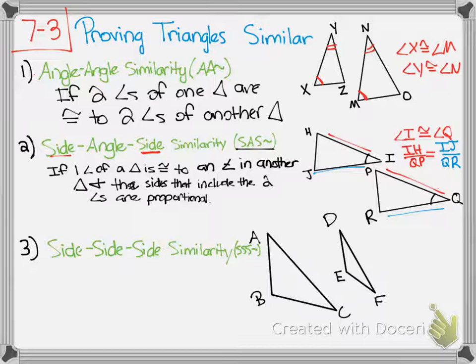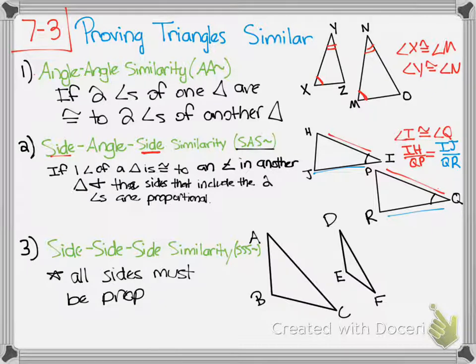And then the last one is side-side-side similarity. So side-side-side similarity says that all sides must be proportional, or all pairs of corresponding sides must be proportional. Then, if that happens, I know that all those angles are, and I know that those triangles are going to be similar.